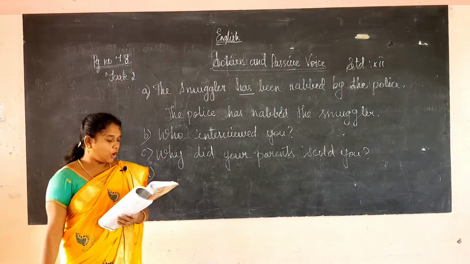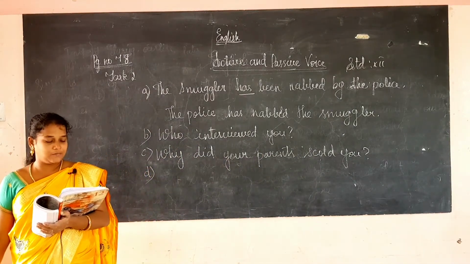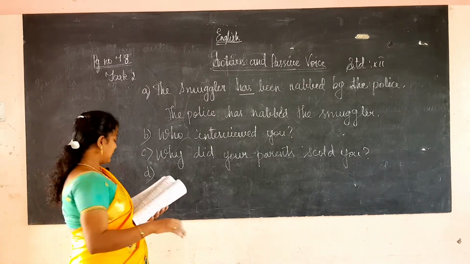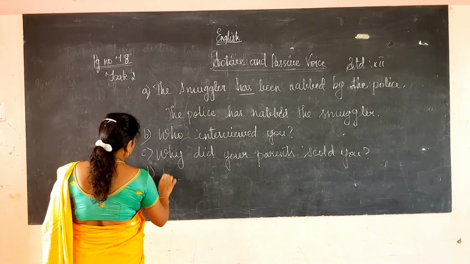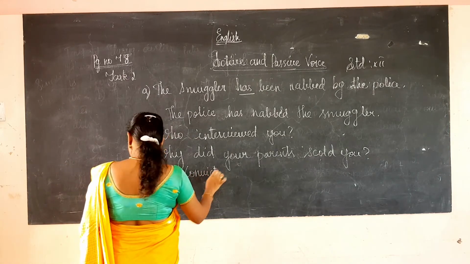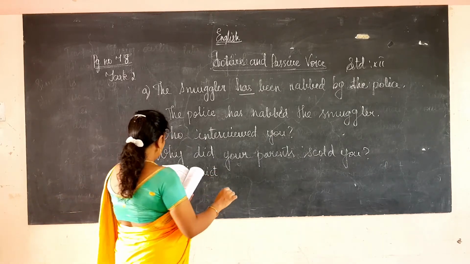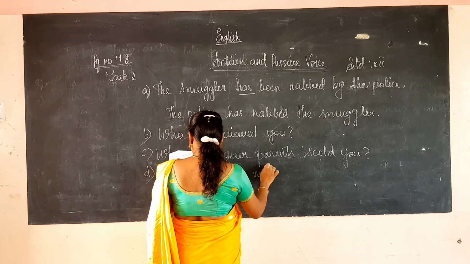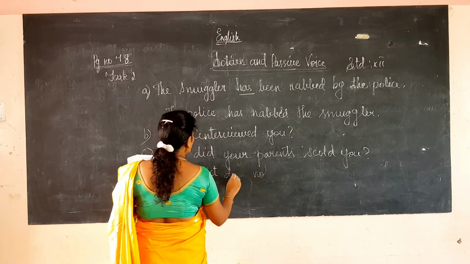Next one, not a word was spoken by the convict in self-defense. So, how will we change it? The convict does not or did not. Spoken is there, no? So, did not.